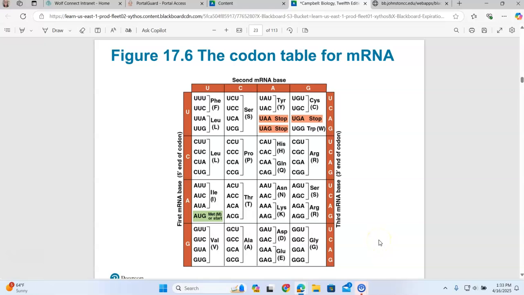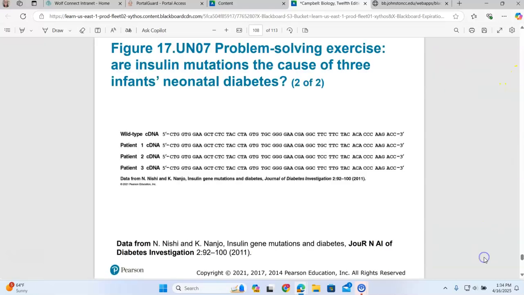So it is just that one amino acid difference that is causing the diabetes. We got threonine in patient 1, arginine in patient 2. What would patient 3, who's normal, be? Patient 3 who didn't have a change.